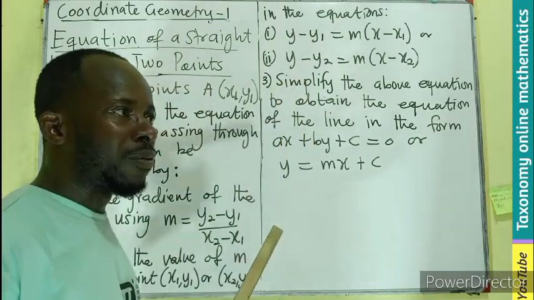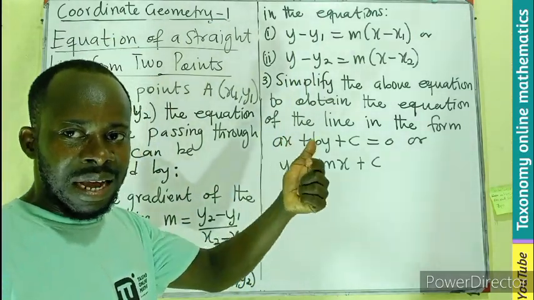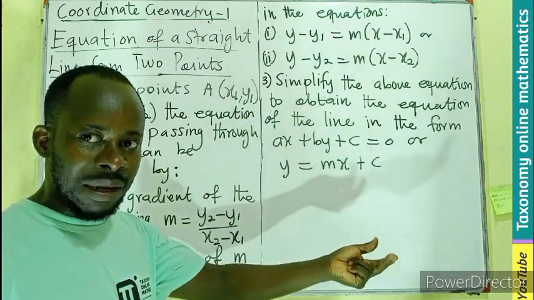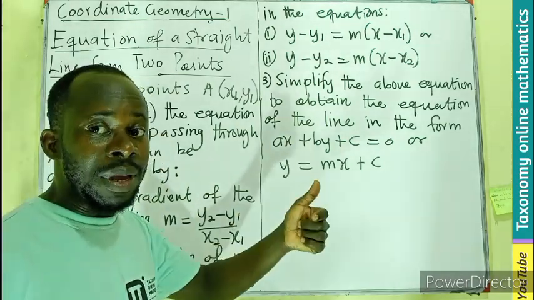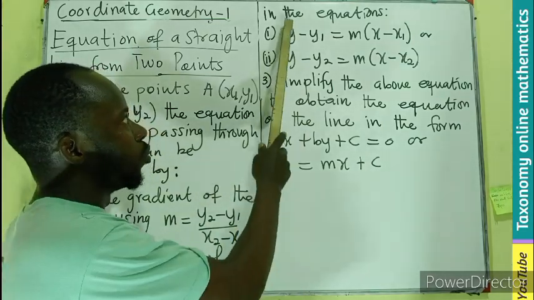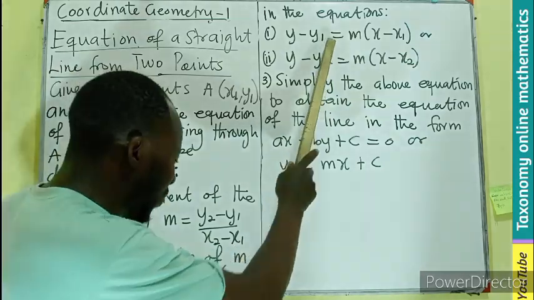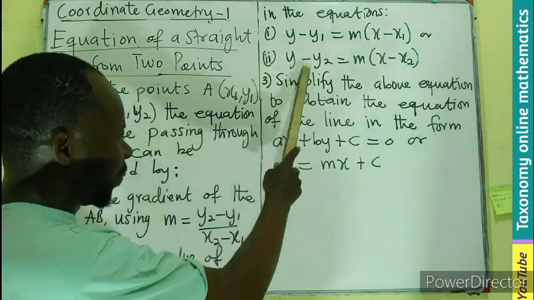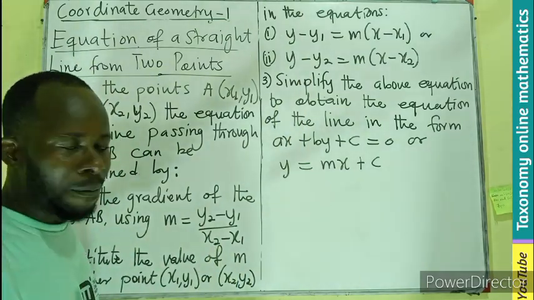Remember the various types of equations that we mentioned. We have the standard form, the point slope form, then we have the intercept form itself, which is in this very form. So we are going to put that into either this or this. If you are using this, it means you are using the first point. If you are using this, it means you prefer to use the second point. Either way, you arrive at the same answer.